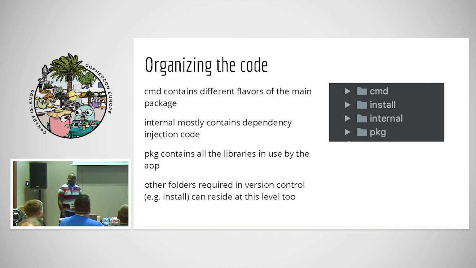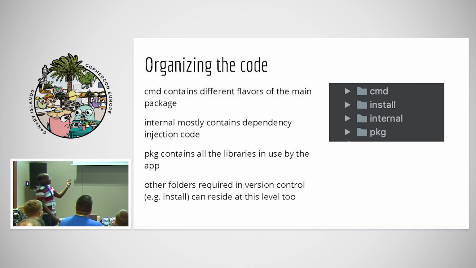Right. So finally, I want to talk about organizing the code that you will be using. Typically, what I would use is this structure where you have the CMD, which contains the main functions for different deployment strategies that we want, whether running it on the command line or as a Heroku deployment or G-Cloud or a microservice on its own.